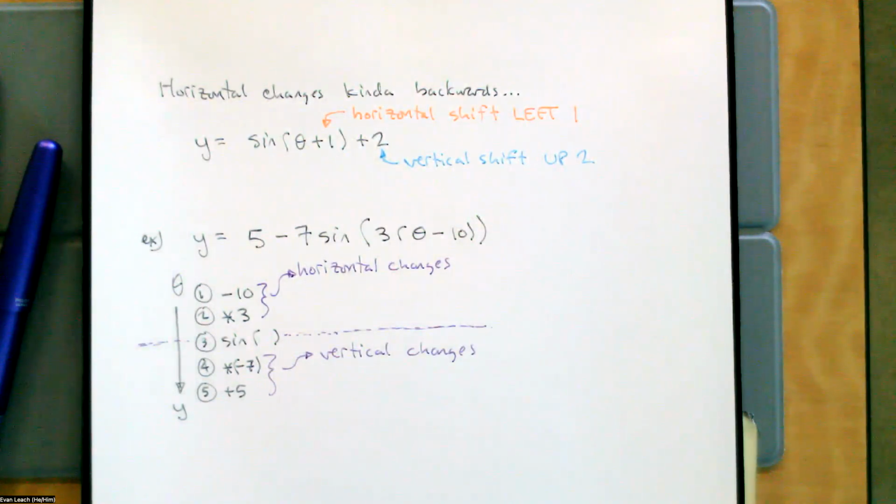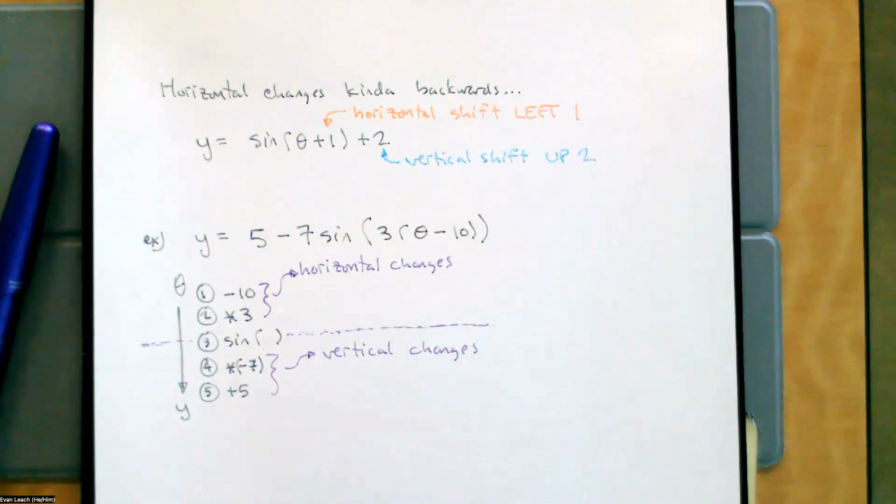Now let's list what happens. That -10 is going to be a horizontal shift because it happens before.